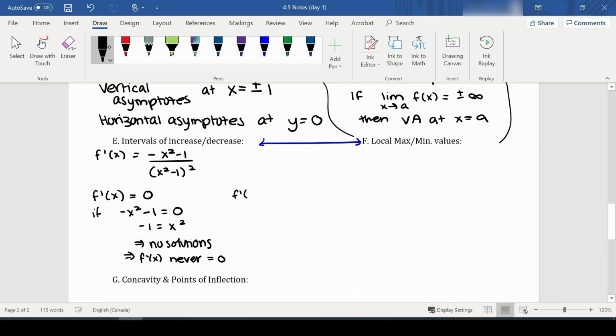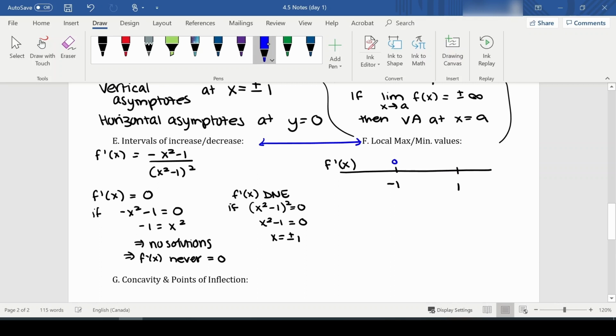F prime does not exist if the denominator equals 0. This would happen if x² - 1 was 0, or if x was plus or minus 1. So if I do my interval testing for f prime, I have -1 and 1, and f prime does not exist in these two places. F prime never equals 0.